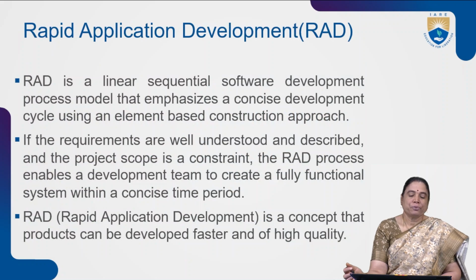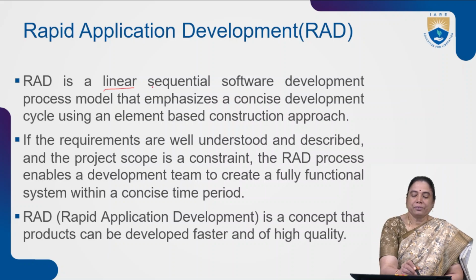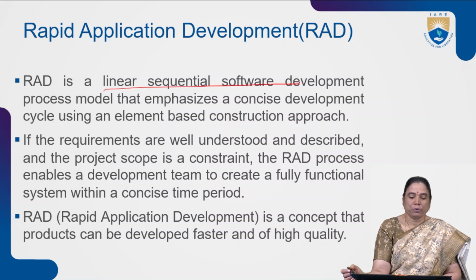The next process model is the RAD model, Rapid Application Development. RAD is a linear sequential software development process model that emphasizes a concise development cycle using an element-based construction approach.